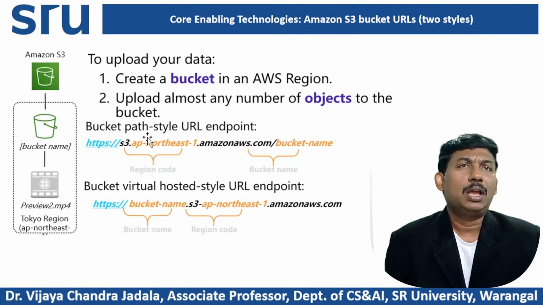One is the bucket path style URL endpoint, that is https://s3.ap-northeast-1.amazonaws.com followed by the bucket name, and the next style, where amazonaws.com comes at the end, is the bucket virtually hosted style. This is considered the bucket virtually hosted style URL, whereas previously this is considered the bucket path style URL.